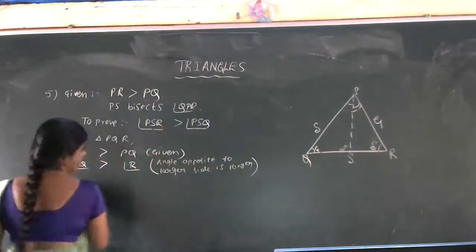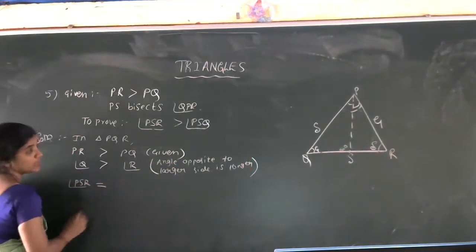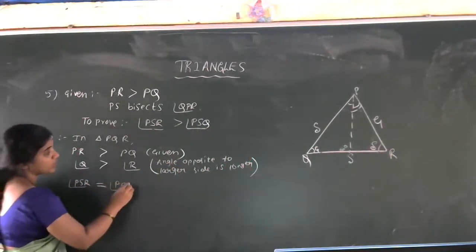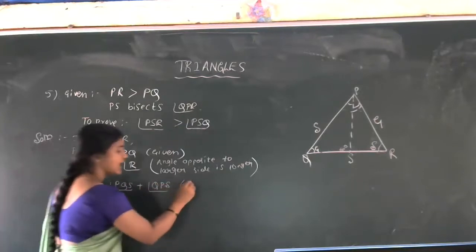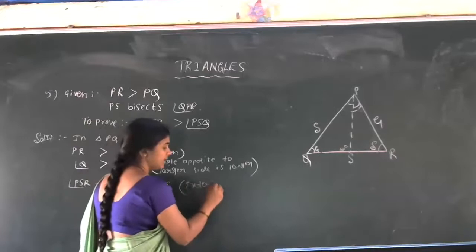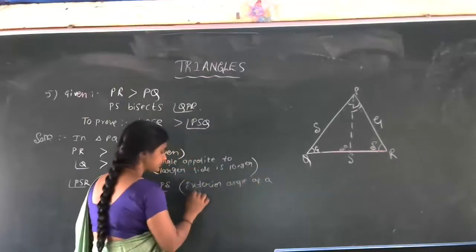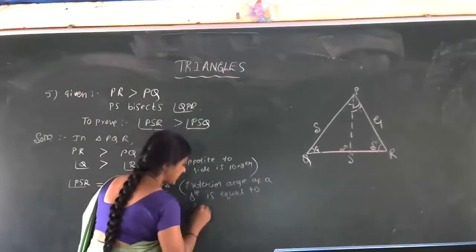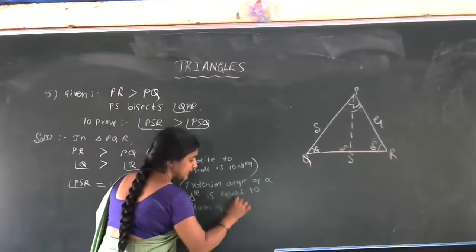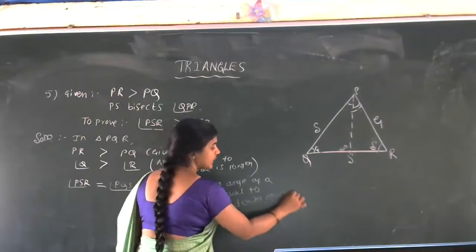Okay, now let us take the help of the exterior angle of a triangle. We all know that angle PSR is equal to angle PQS plus angle QPS. Exterior angle of a triangle is equal to the sum of the interior opposite angles.